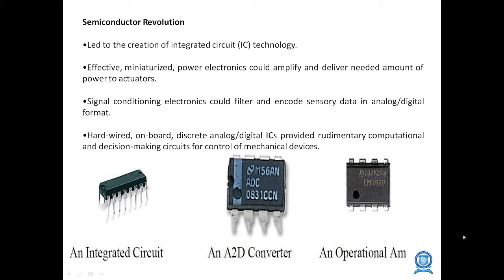The signal conditioning electronics could filter and encode sensory data in analog or digital format. The hardwired onboard discrete analog or digital ICs, or integrated circuits, provided rudimentary computational and decision-making circuits for control of mechanical devices.